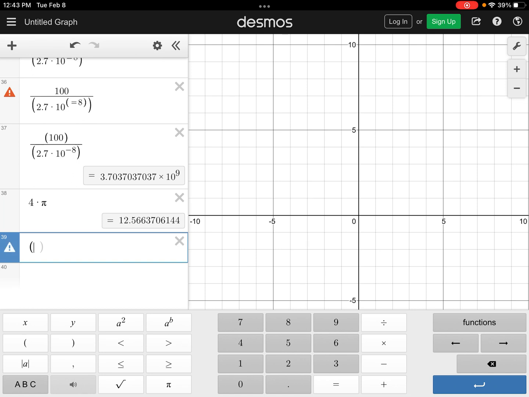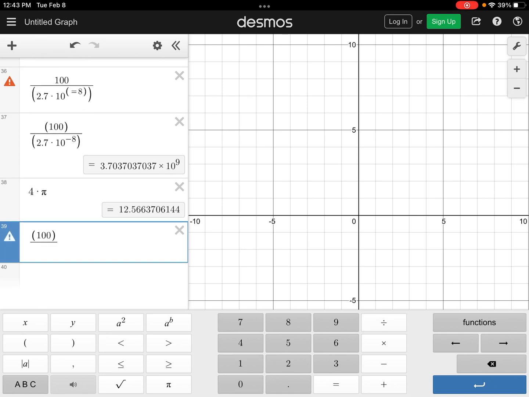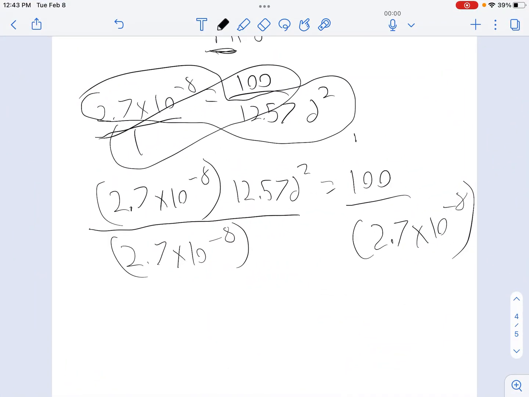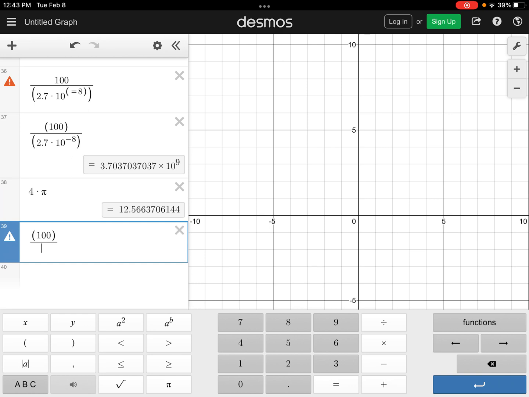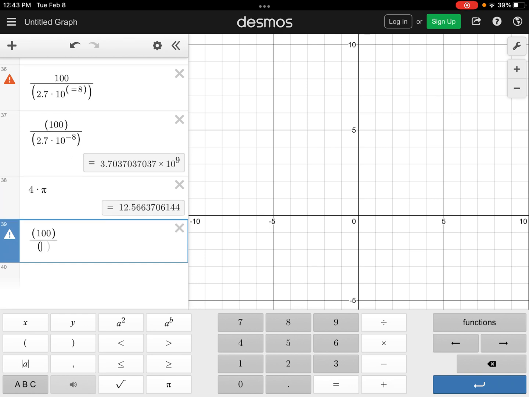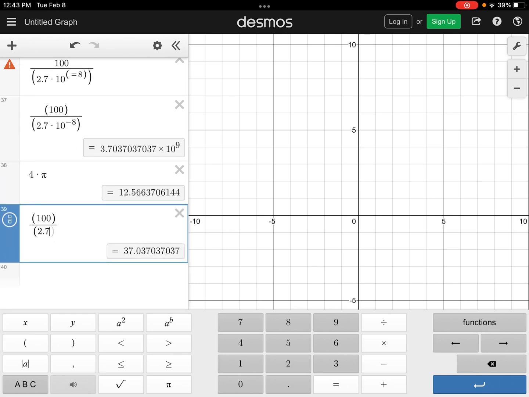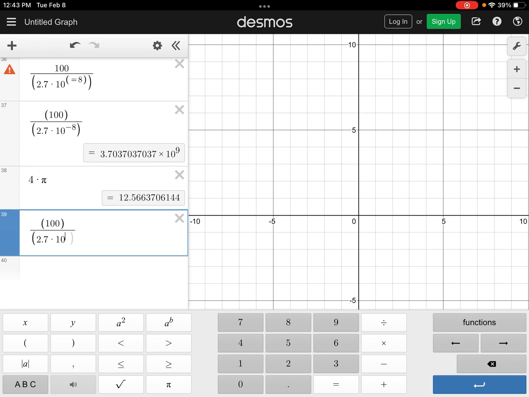So I do 100 divided by 2.7 times 10 to the negative 8, and I'm going to put that in parentheses. And that gives us 3.70.